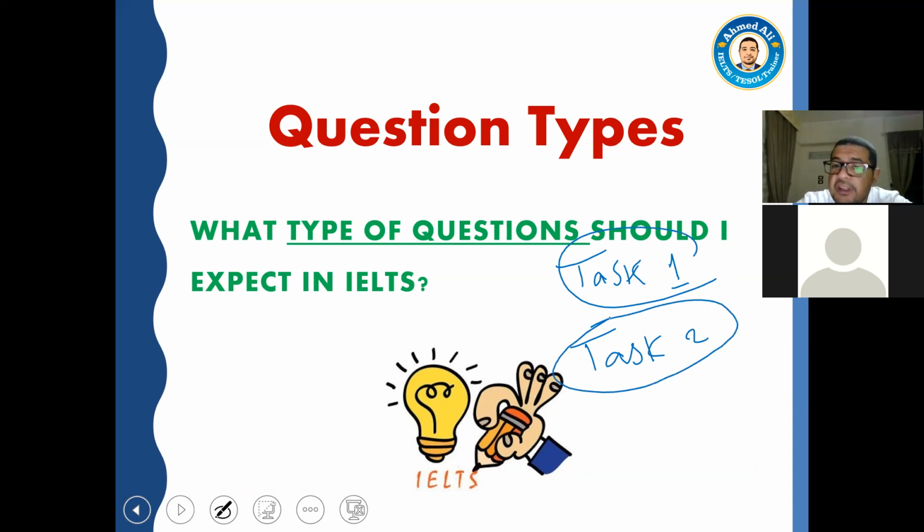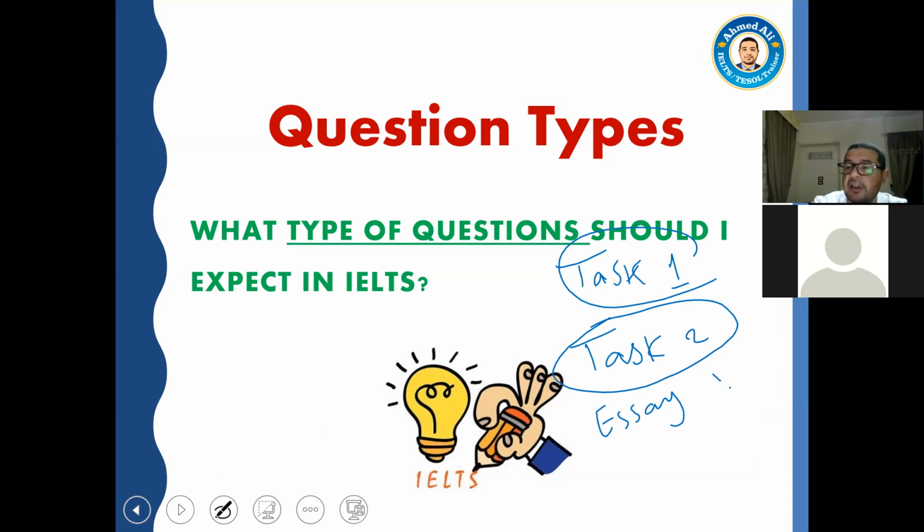Task 2 is writing an essay. And it is the same whether you are taking a general IELTS or academic IELTS. Okay? This is concerning the essay, task 2.